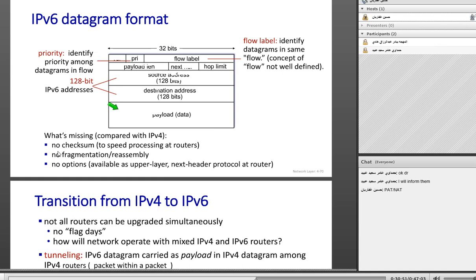But in IPv6, I can run IPsec inside IPv6. How? I'm adding a new header for IPsec here in the payload part.